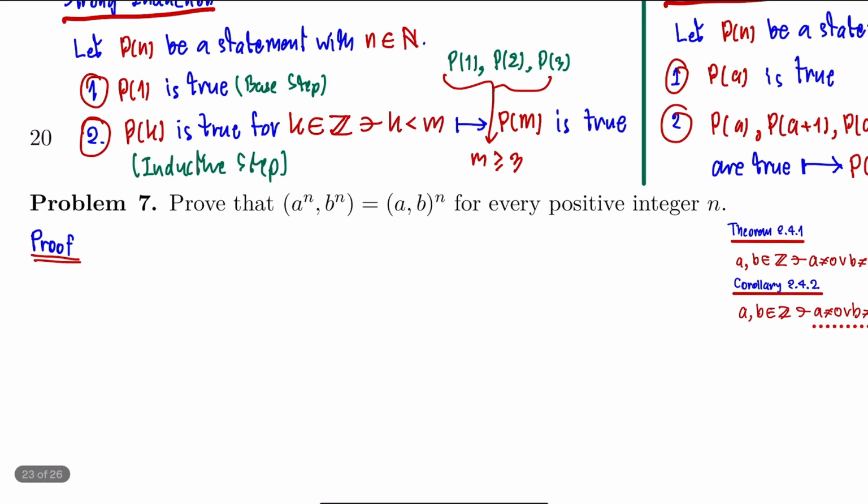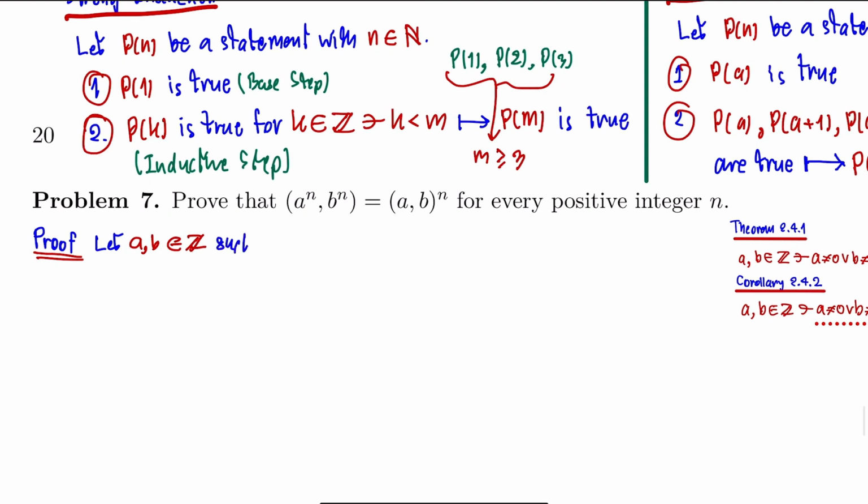So we will let a and b be integers such that a is not 0 or b is not 0, and we will use strong induction.